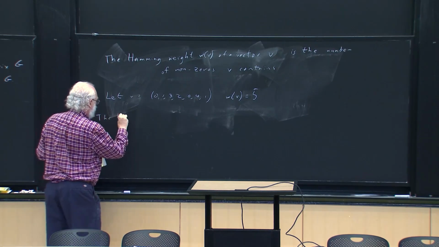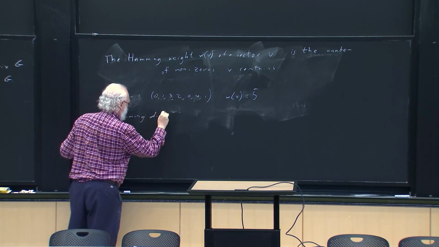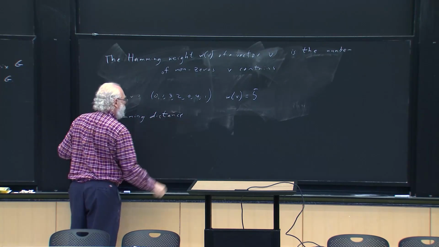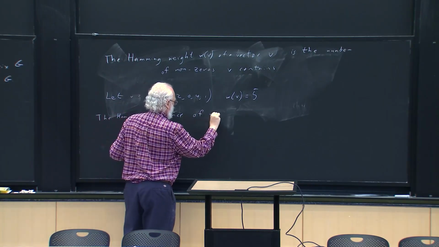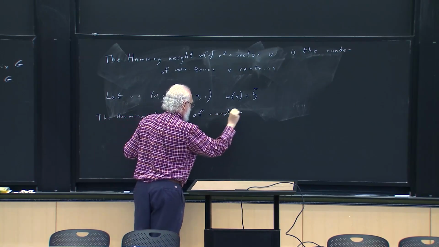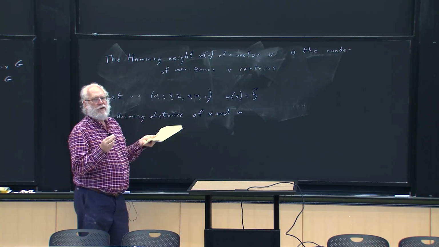The Hamming distance of V and W is the number of places where V and W differ.